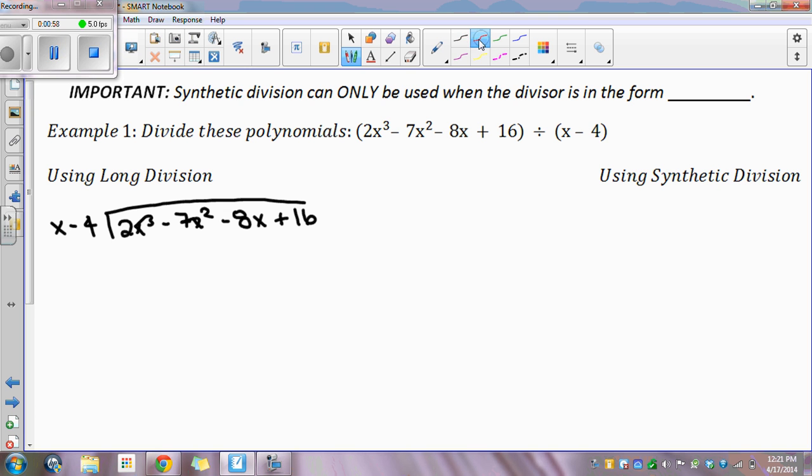Then when we start in with our long division, we need to multiply by a 2x squared and work backwards with your arrows. 2x squared times x is 2x cubed, and 2x squared times negative 4 is negative 8x squared.